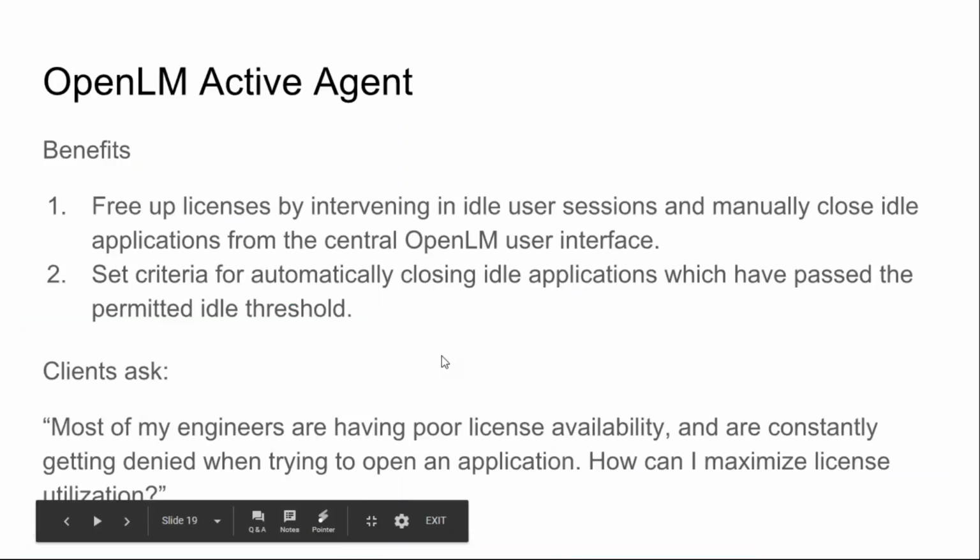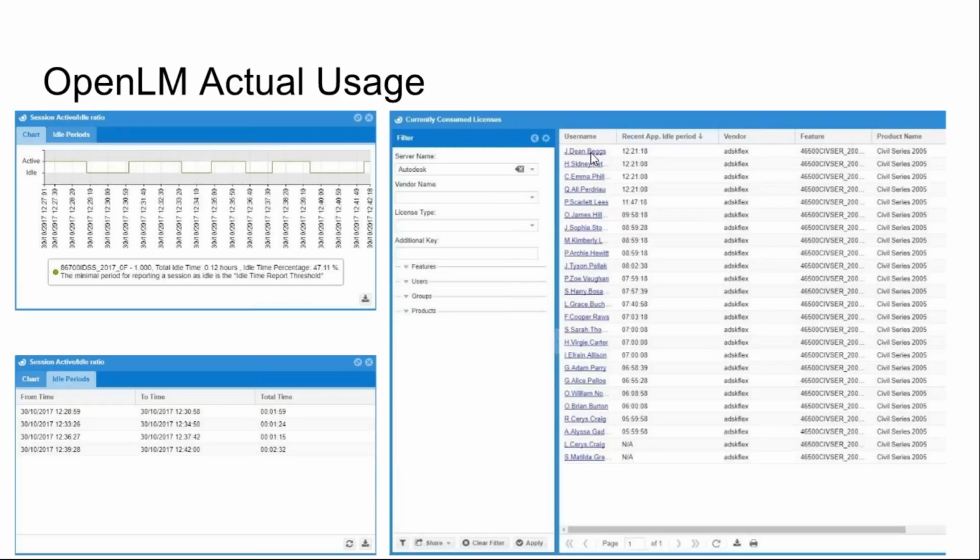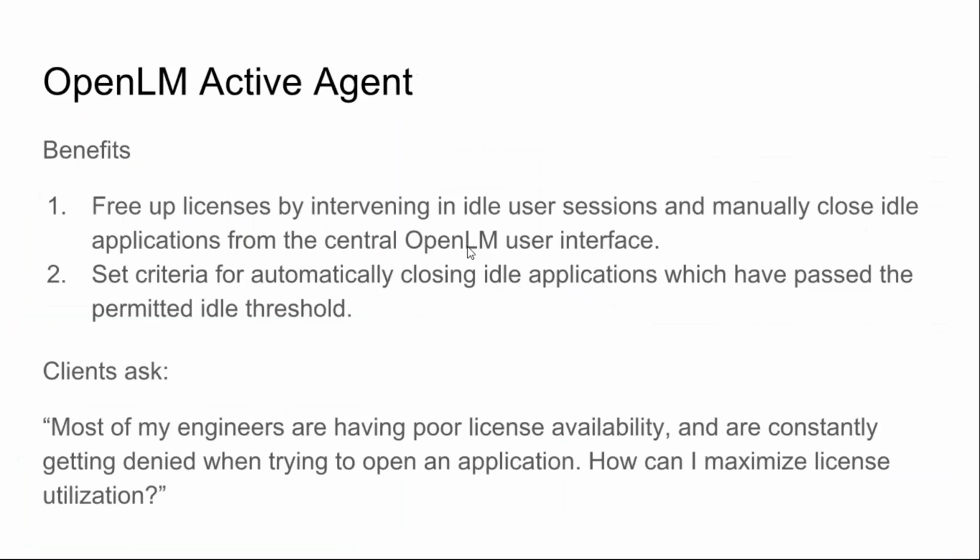So let's say that you found out that Dean has 12 hours of idle time, but he went home. You don't have access to his workstation, you can't log him out, and you don't want to just shut down the PC because maybe he has some work saved.